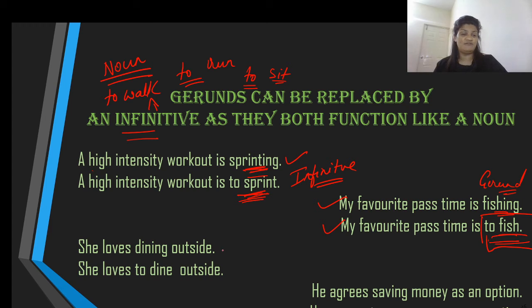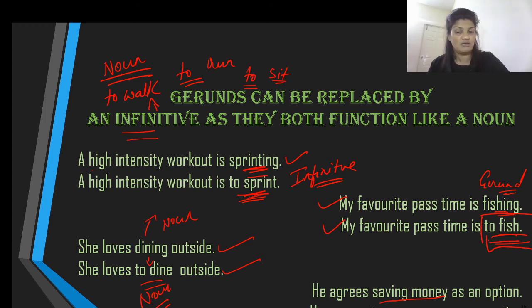Similarly, she loves dining outside. She loves to dine outside. Dining becomes to dine without any change of the meaning, because dining is a noun and to dine also is a noun. He agrees saving money as an option. Similarly, he agrees to save money as an option.